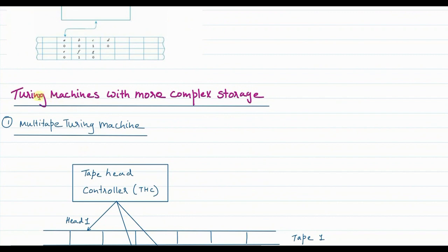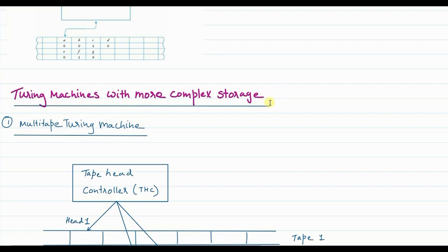Now, Turing machines can also have more complex storage. One thing you should be very clear about: usually we have a notion in our mind that if the storage is more complex, the power of that thing will be more. Whereas in Turing machines, the power remains the same as a normal single tape Turing machine with normal storage.